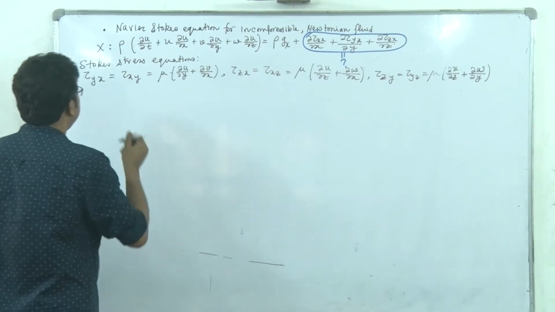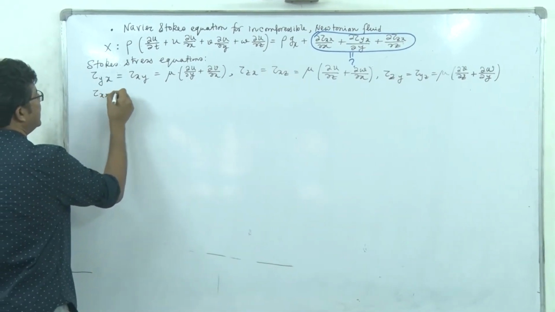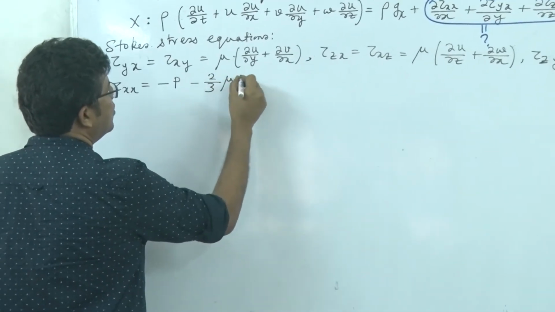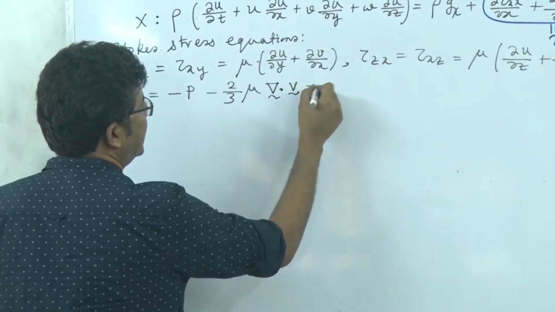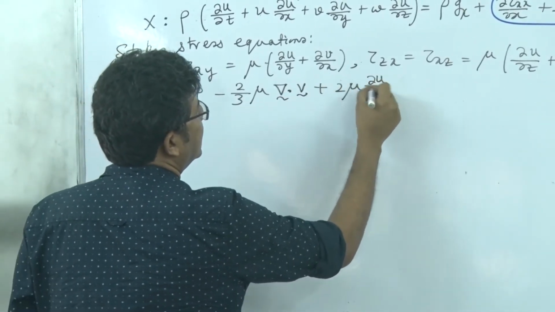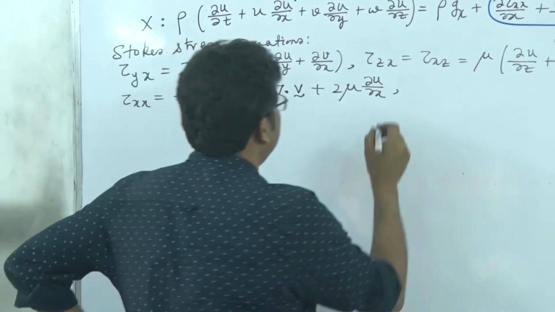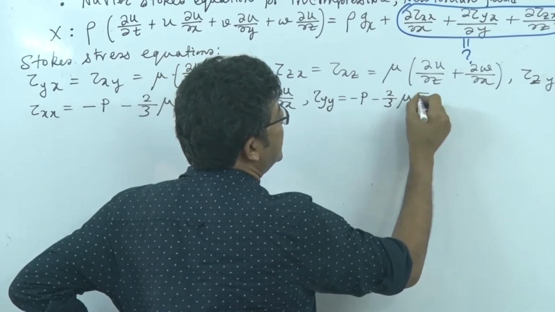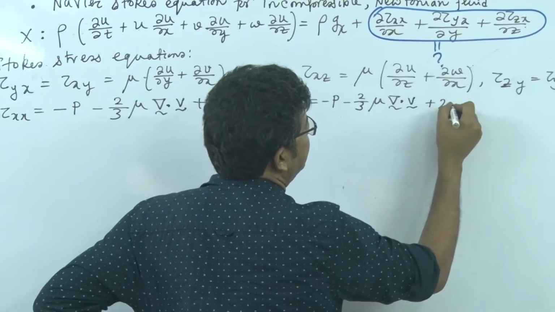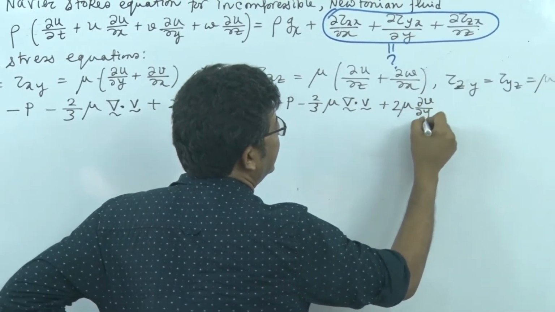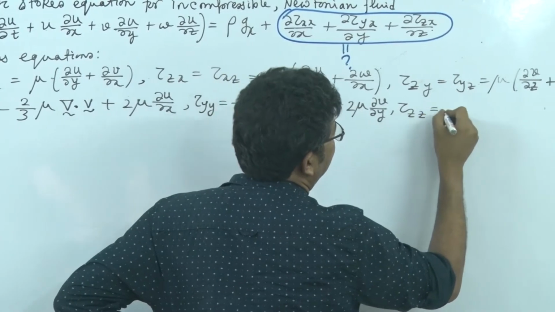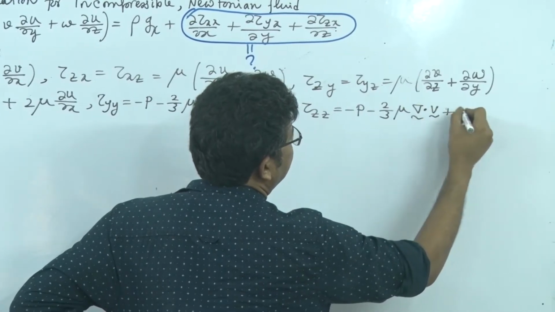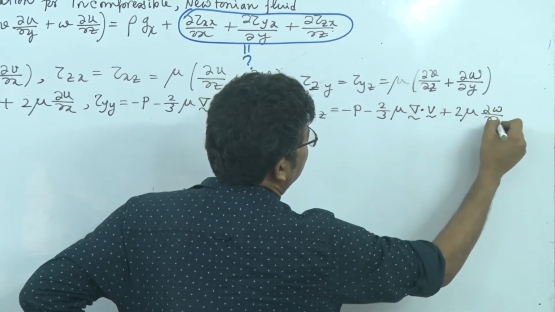Right? So here for normal stresses, tau xx is equal to minus p minus 2/3 mu del dot v, this I am not deriving, plus 2 mu del u del x. Tau yy is equal to minus p minus 2/3 mu del dot v plus 2 mu del v del y, and tau zz will be equal to minus p minus 2/3 mu del dot v plus 2 mu del w del z.